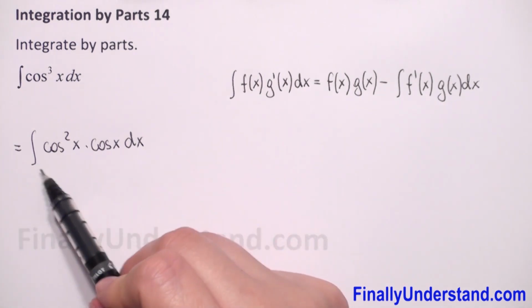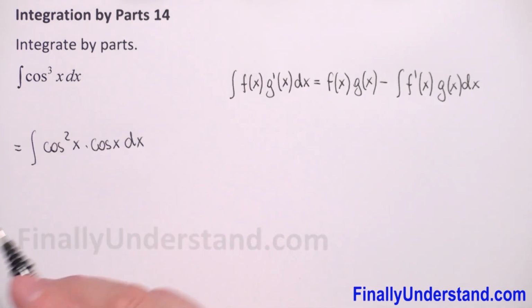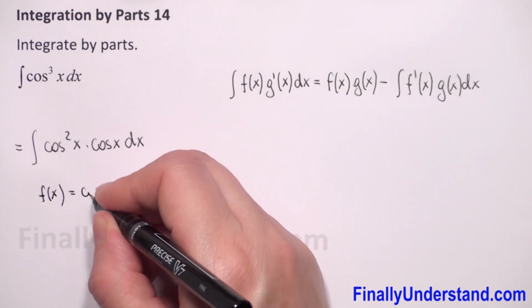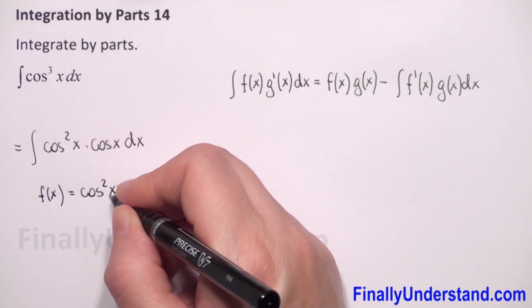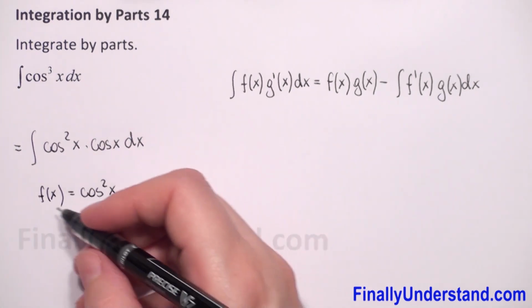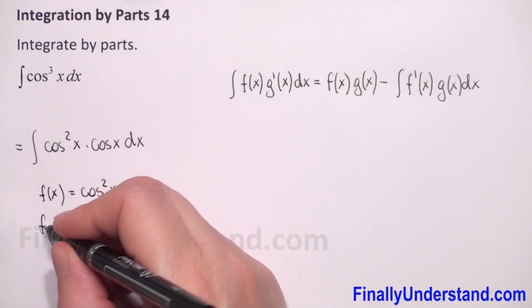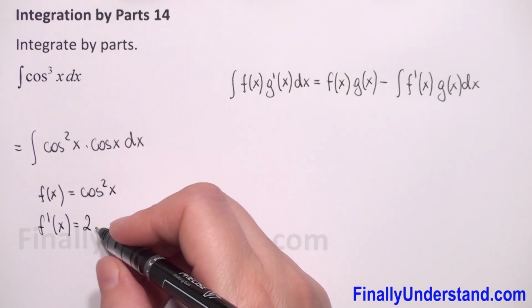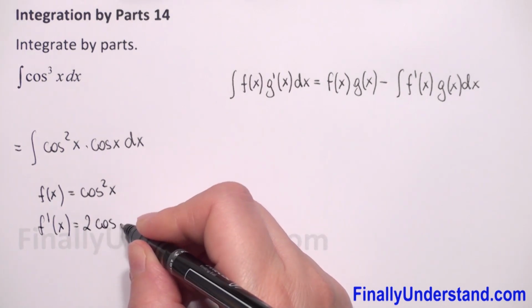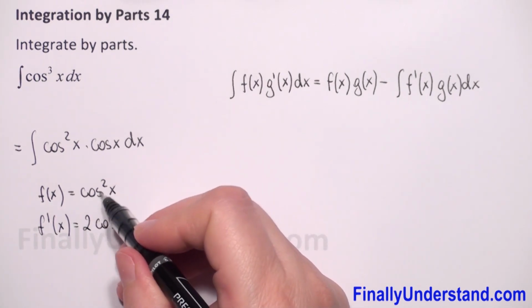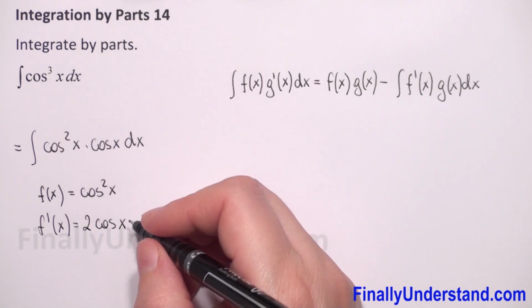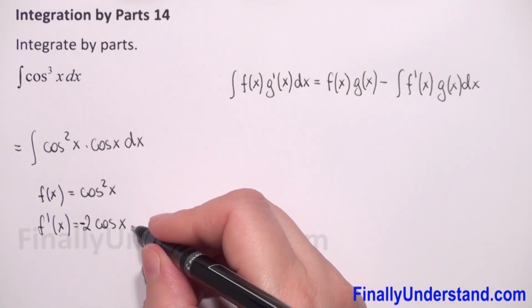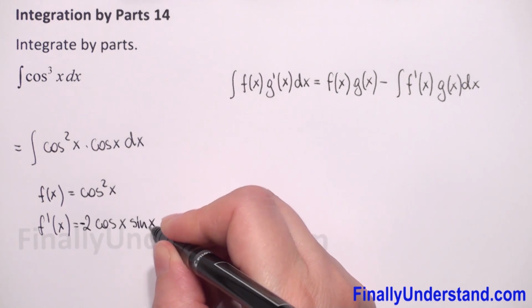To reduce this power, I will put that f of x is equal cosine square of x. So now when I take the derivative, we will have f prime of x is equal 2 times cosine of x, and the derivative of cosine is negative sine, so I will put this negative before 2 sine of x.